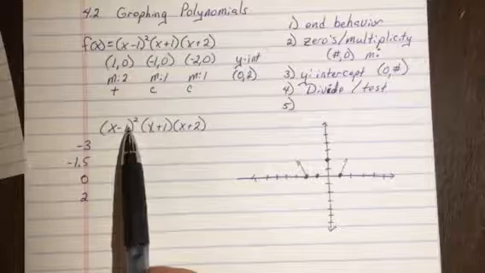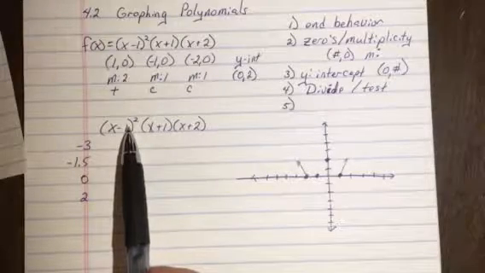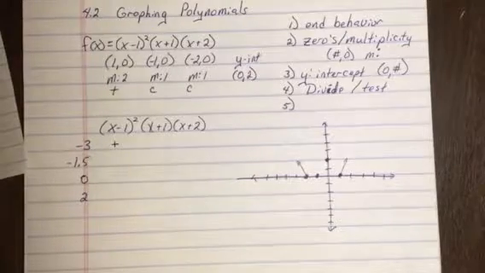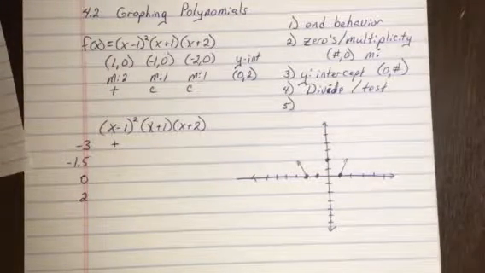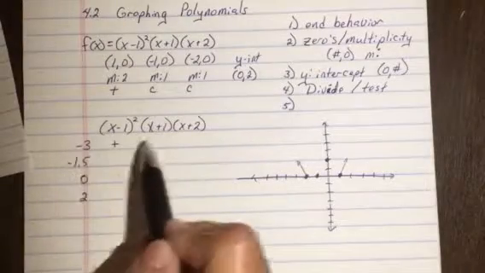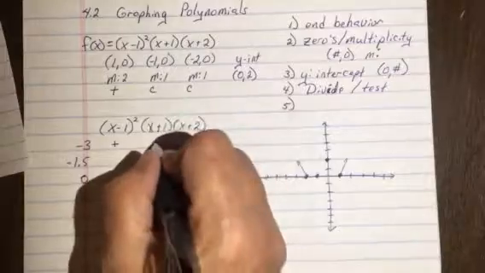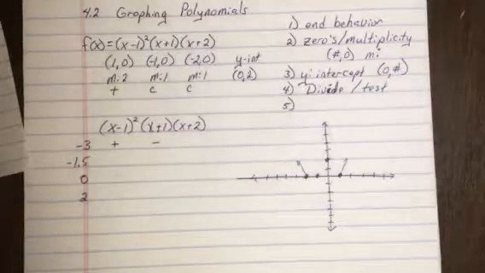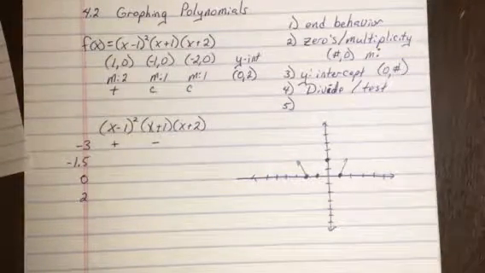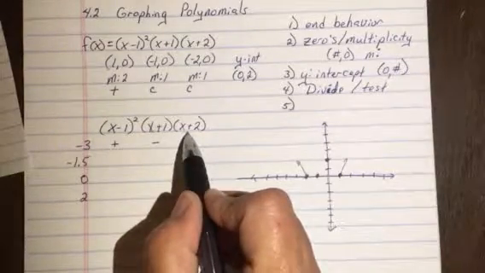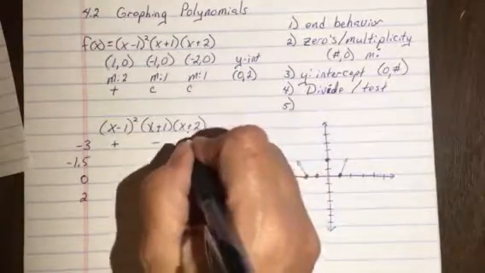But when I square it, a negative times a negative is a positive. Negative 3 plus 1 gives me a negative 2. Negative 3 plus 2 gives me a negative 1.